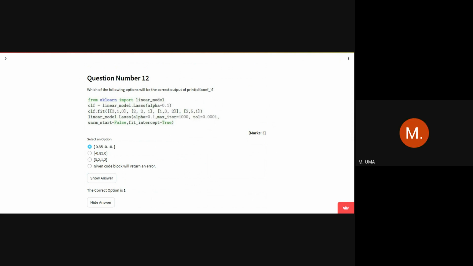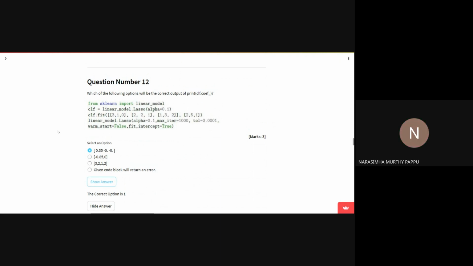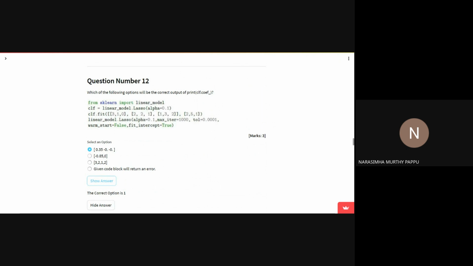If fit intercept is equal to false, will the answer be affected? No, the answer will not be affected. But if we are printing clf.intercept_, then it will get affected. You mentioned that if fit intercept is true, there will always be an intercept value. Can't it be 0? It can be 0.